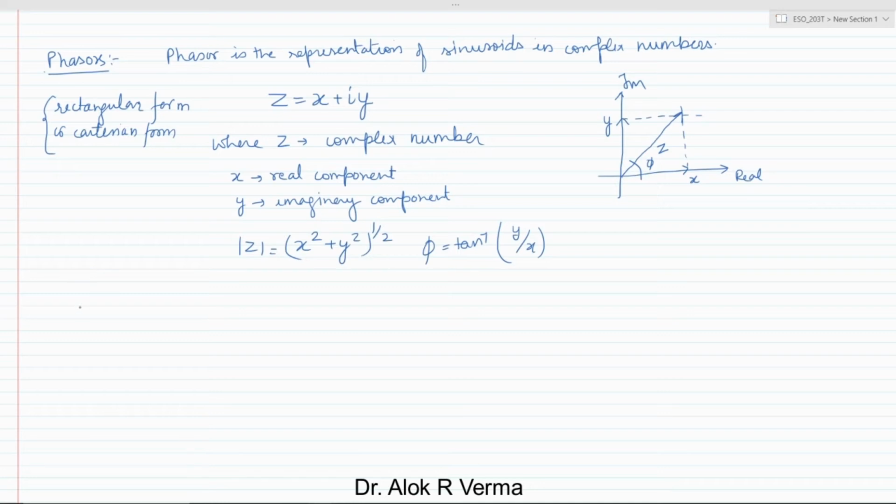Another one is known as the polar form. In polar form, the same number z will be represented as r angle phi, or by the exponential representation.